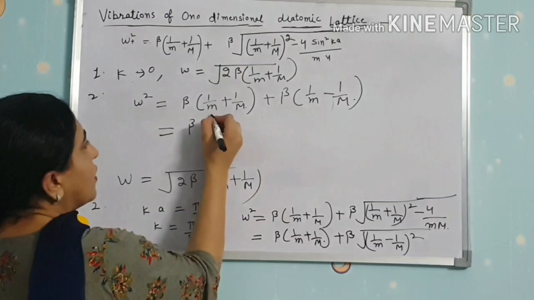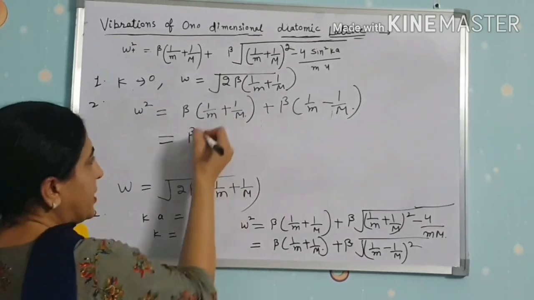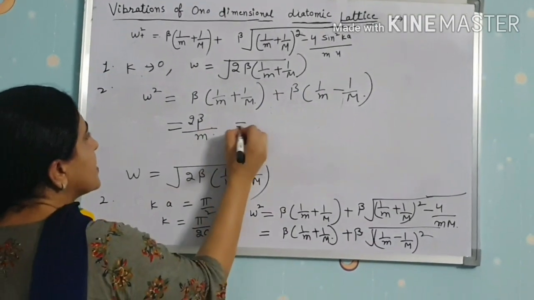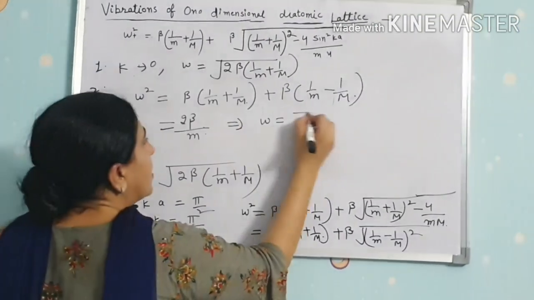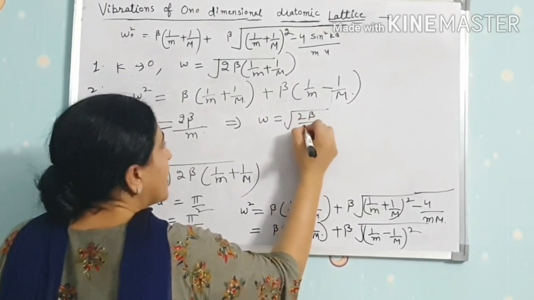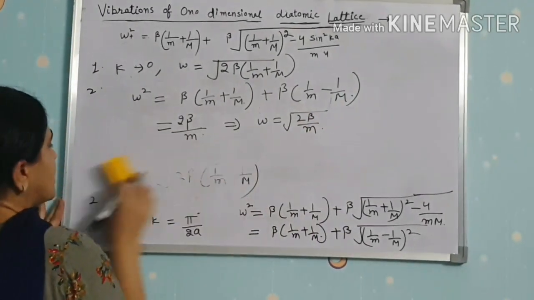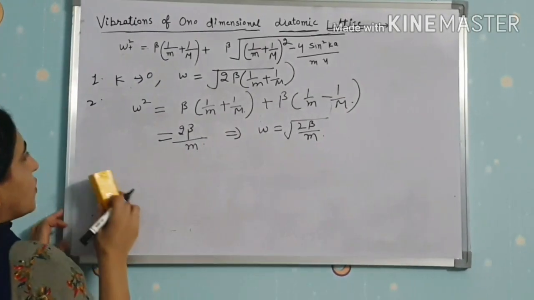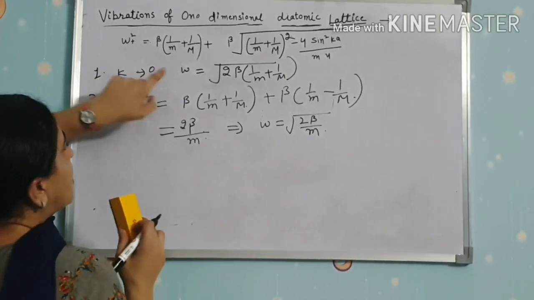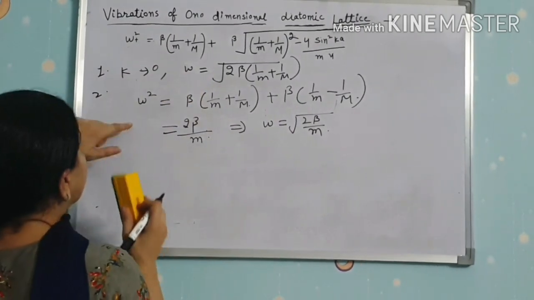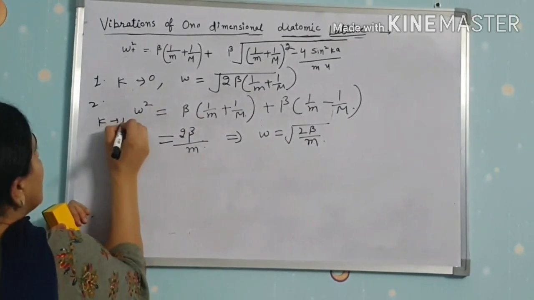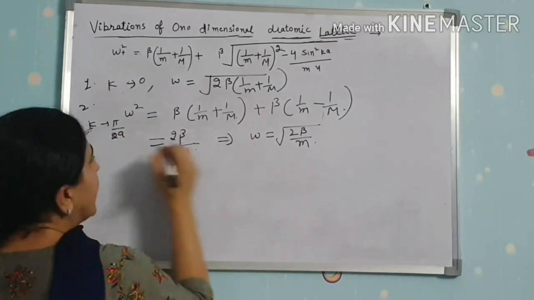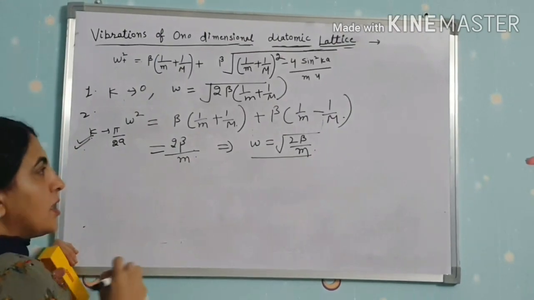So beta times 1 over m plus beta over m means 2 beta over m, or this implies omega is equal to the square root of 2 beta over small m. So this is the second case, and this is for optical branch. So we have two values. When k approaches 0, omega is this, and when k is equal to pi by 2a, then omega is this. Clear?